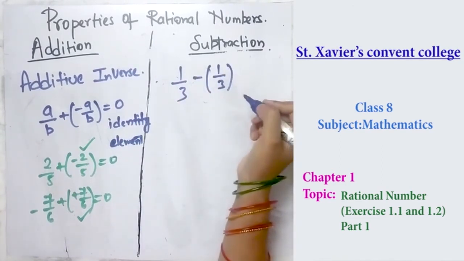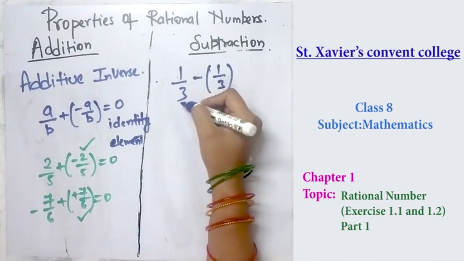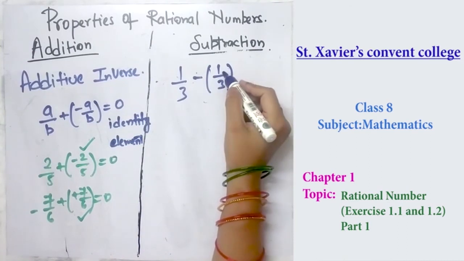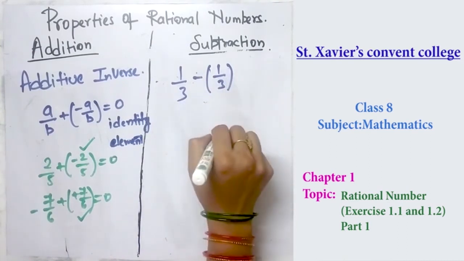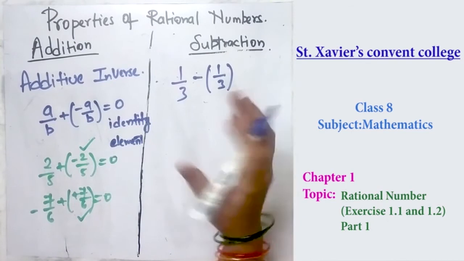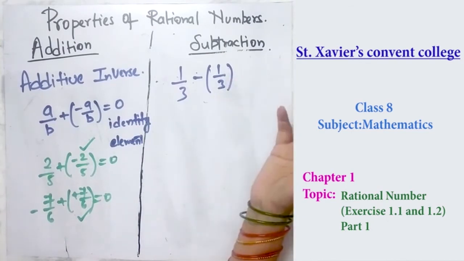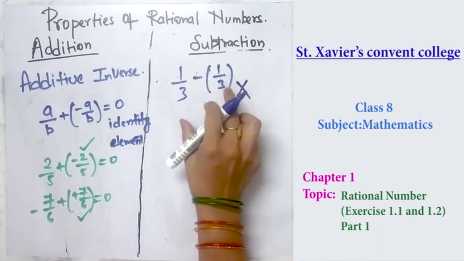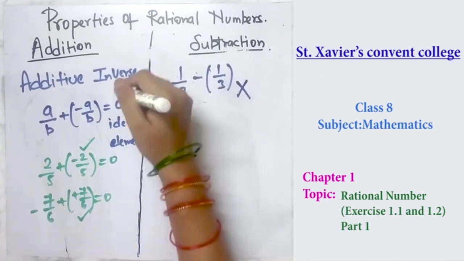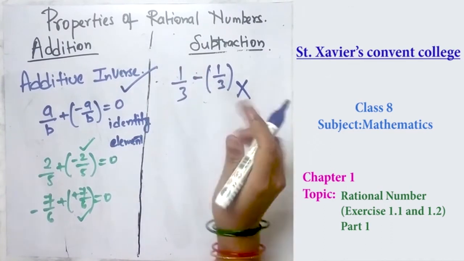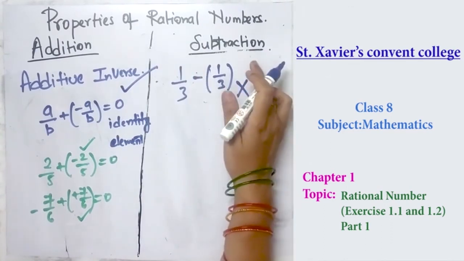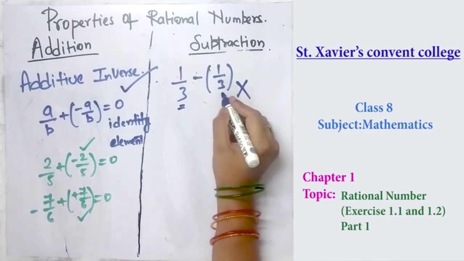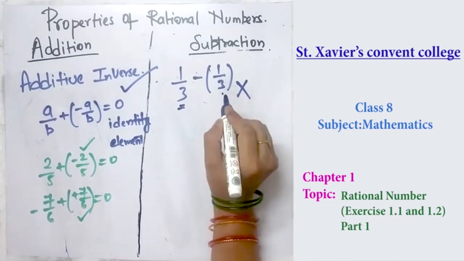So 1 upon 3 is an element, and its inverse would also be 1 upon 3, which is not possible. That's why the additive inverse is not possible in subtraction. We only take the additive inverse in addition. There's nothing like an additive inverse in subtraction, because whatever number you choose, you will get the same number again, which is not possible practically in algebra.